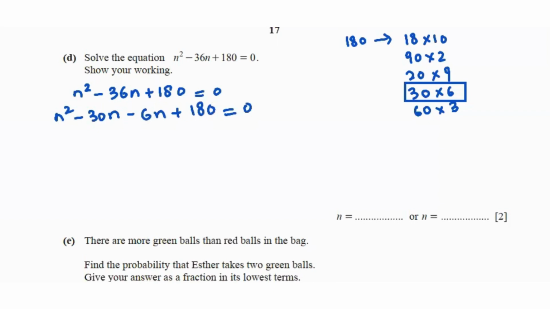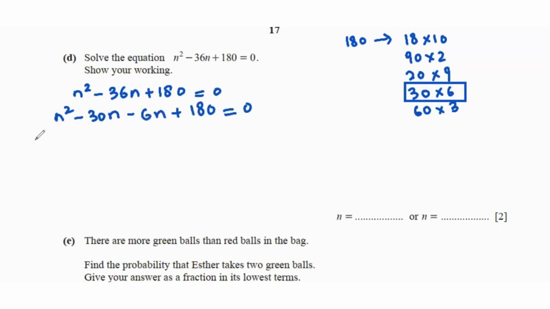Middle term breakage basically means that you're breaking the term in the middle, the term with the variable that has the power of 1, into two other terms which when added or subtracted give the term. So we know negative 30 minus 6 is negative 36, so we can split it.